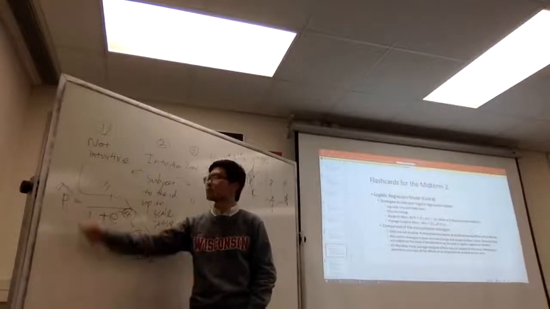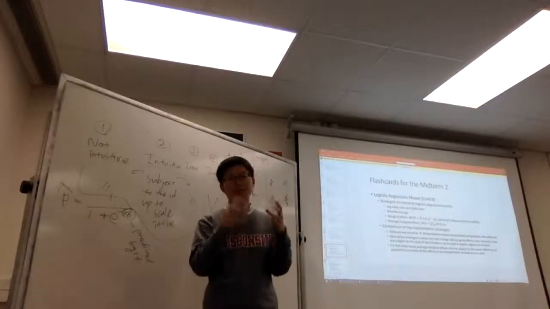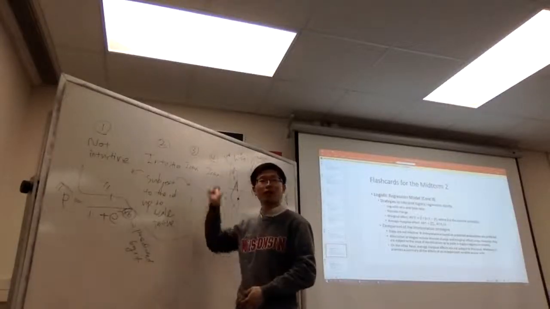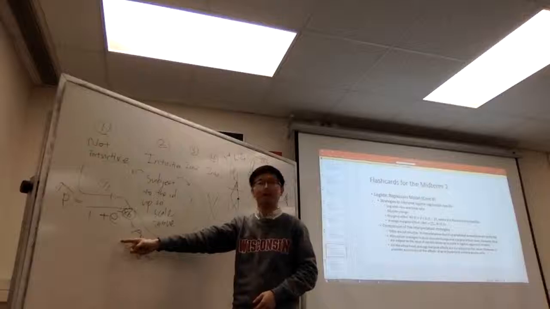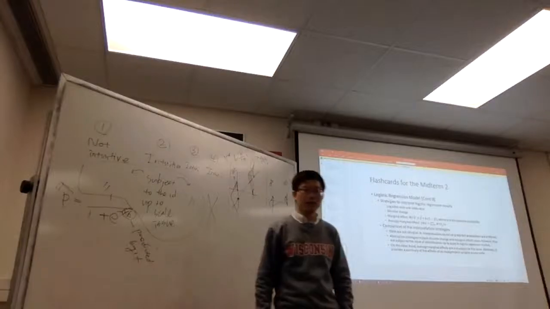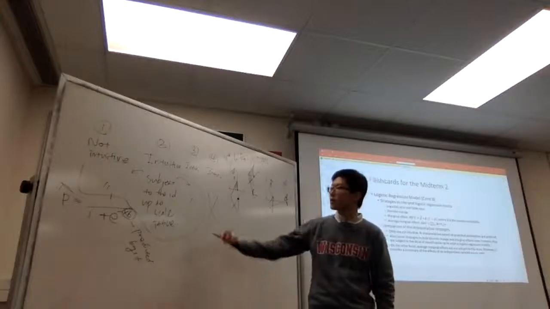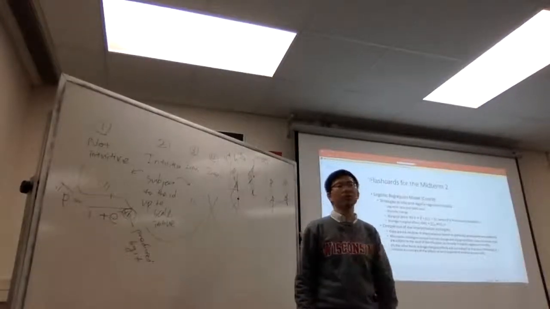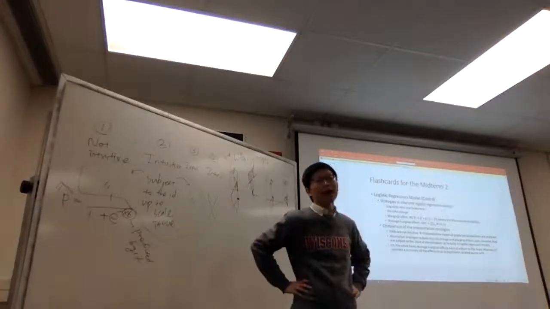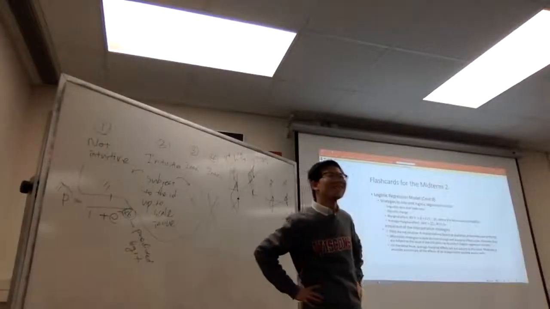So there is a difference between subject-specific interpretation. 2 and 3 are subject-specific interpretations, and 4 is a population-averaged interpretation. They're different, and the difference between the two really shows the collapsibility issue. I'm not saying that this is going to come up on the midterm, but anyways.